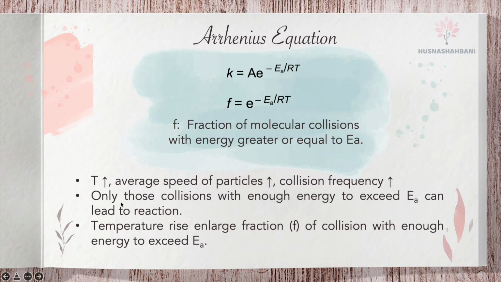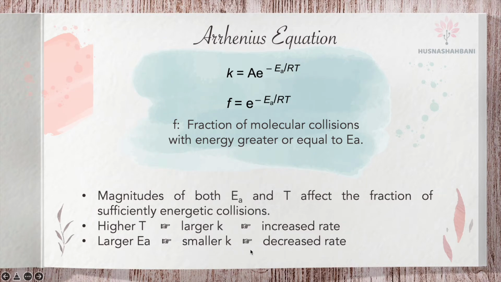But only those collisions with enough energy, more than the activation energy, can lead to reaction. The temperature rise enlarges the value of f, the fraction of collisions with enough energy to exceed the activation energy.